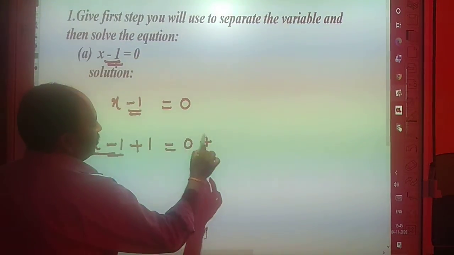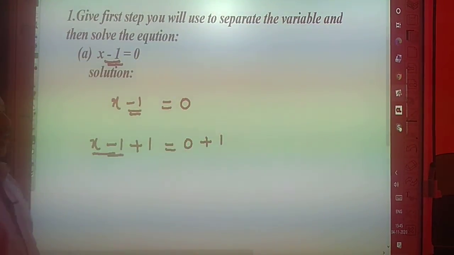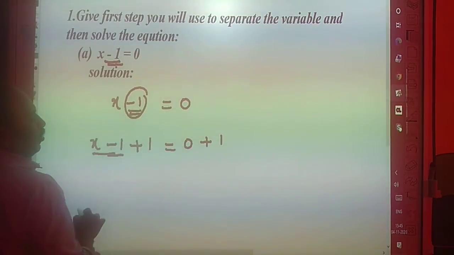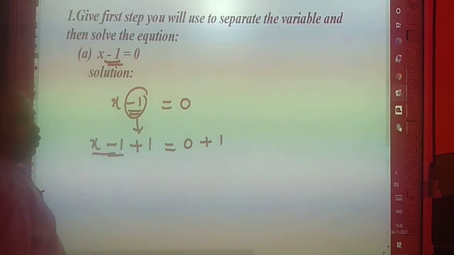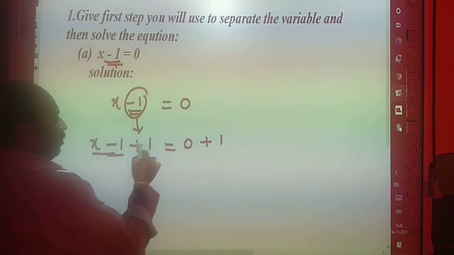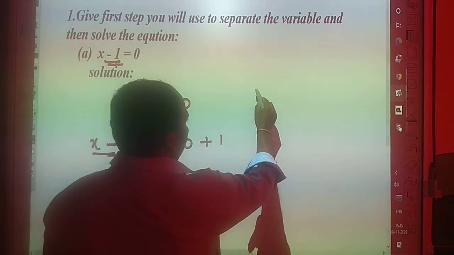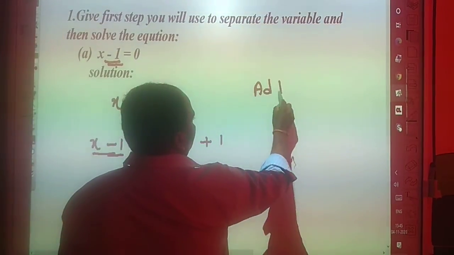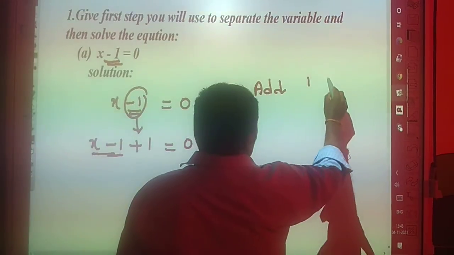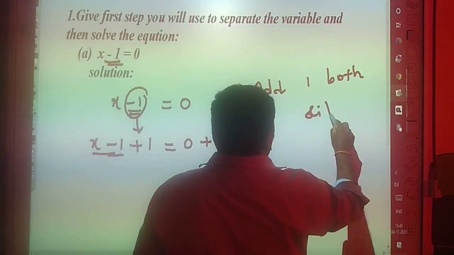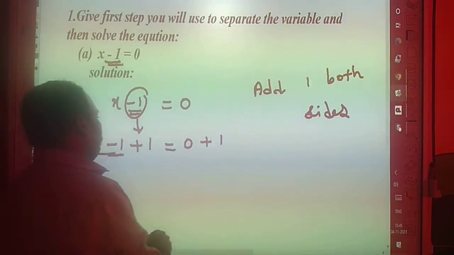Again we add plus 1 on the RHS also. That means we add plus 1 to both sides.